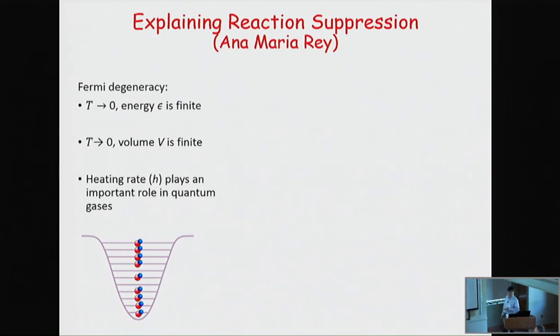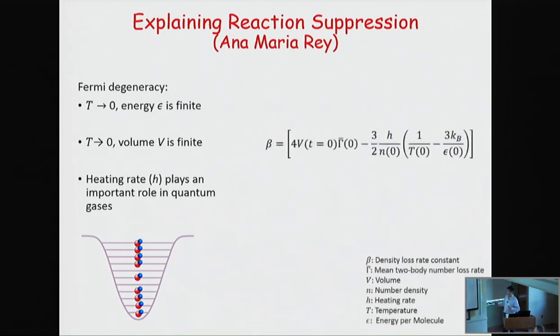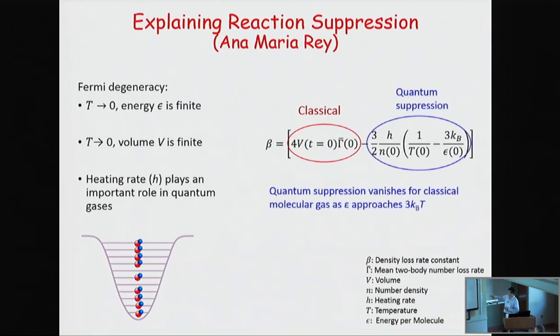If you put all these three things together, through some mathematics Ana Maria has done, you can see beta is actually, the first term is classical. The volume is just the two-body particle loss rate. And you can see they are related to the two-particle density loss rate through this volume normalization factor. But more importantly, there's this quantum correction term.